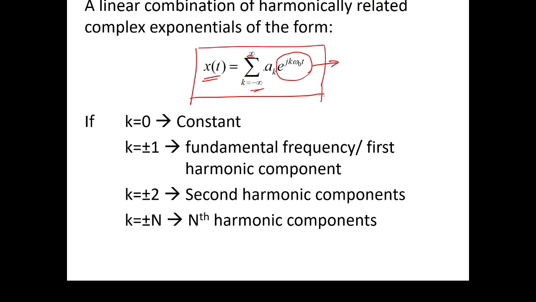So from here, what do we get? We get that any periodic signal x(t) can be represented by the summation of various sinusoidal waves of different frequencies, whose amplitude can also be varied by varying this value a_k.